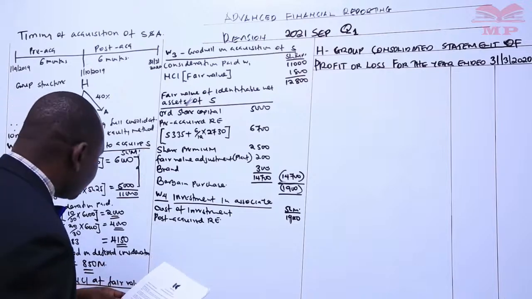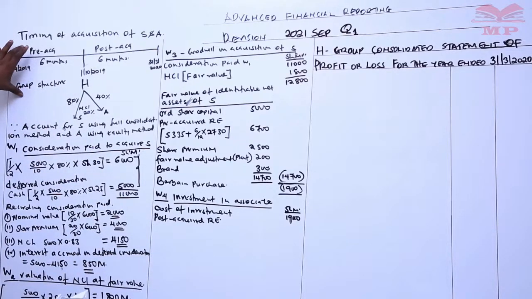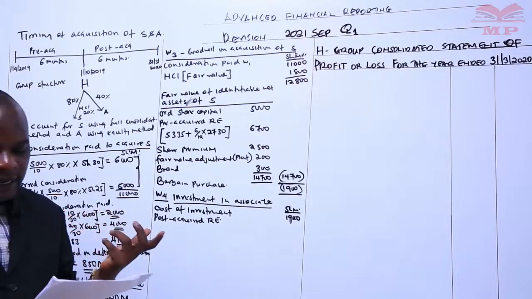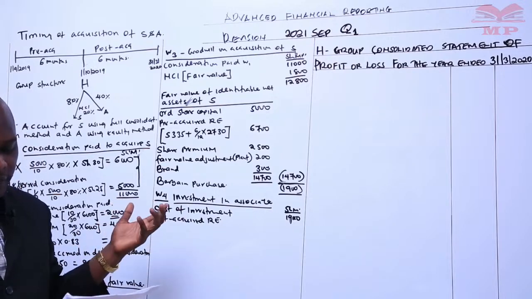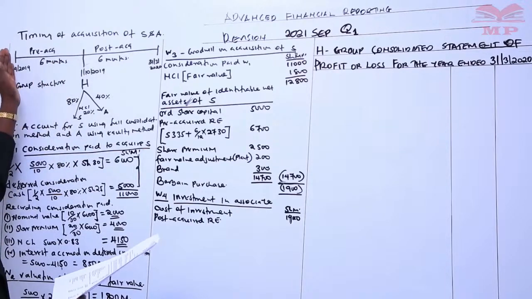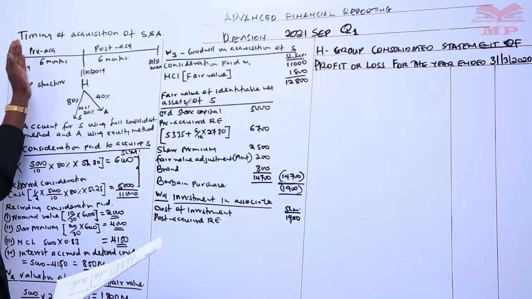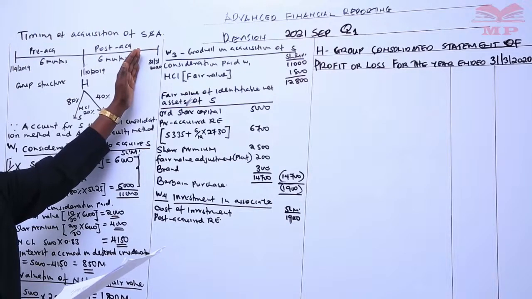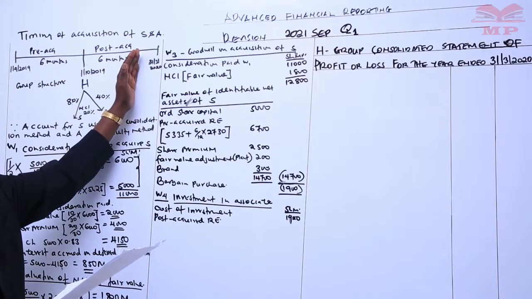How do we get that? The timing of acquisition is also going to guide you here. If you look at the income statement for A, it is a loss of 600 million for the whole year. That means there is loss that will be borne by A for 6 months, then there is loss that will be borne by A and H for 6 months.